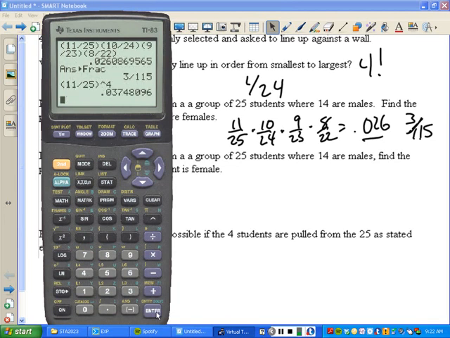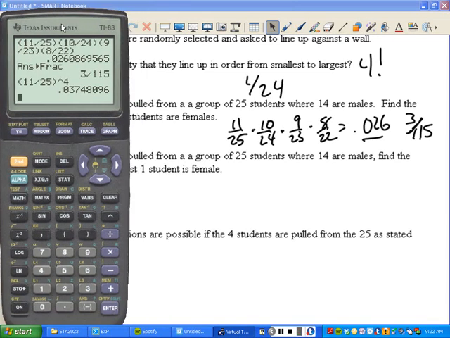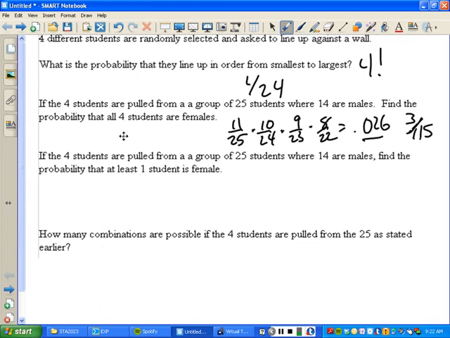In this case, it's not too different at all. But what I see a lot of times is that people will just put like 0.03. They round it off to the nearest hundredths place, and then I'm going, well, what did you do? I don't even know. So I prefer that you write down your work, and then whether you write it as a fraction or decimal, I don't really care.